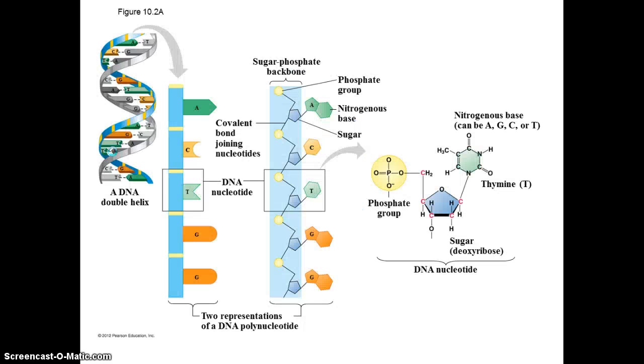Okay. Now, another important thing to know when we learn about replication is, here's your DNA nucleotide, and our first carbon is attached to the base, and here's our second carbon, and our third carbon is what attaches to the next phosphate of the next nucleotide, and here's our fourth carbon and our fifth carbon.